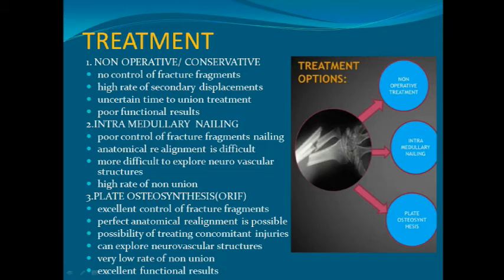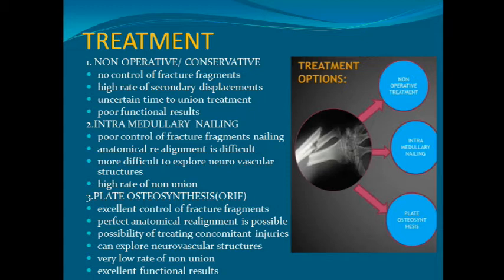So in general, for forearm fractures, we have three modes of treatment. Any fracture, whether Monteggia, Galeazzi, both bone forearm shaft, or distal radial fracture, we will deal with differently. Apart from that, for all other fractures we can have all three modalities of treatment. First we try non-operative or conservative treatment.